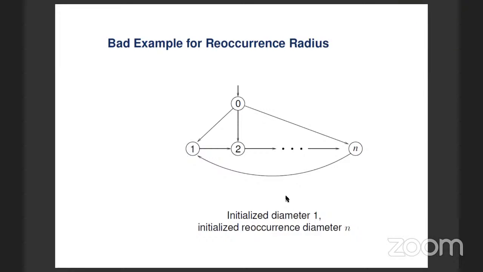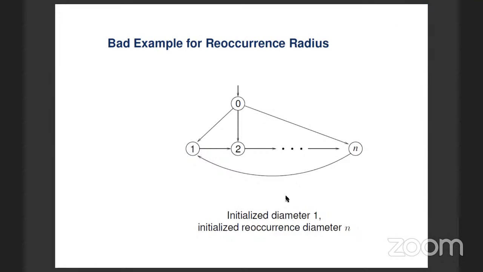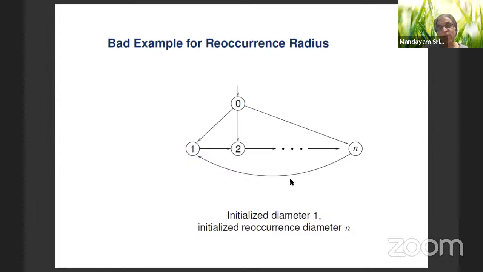When we're looking at normal diameters, we're looking at the shortest path, which is also a path with no reoccurring states. Yes, you're right. Another formal way to do it is by contradiction. R is the reoccurrence diameter.